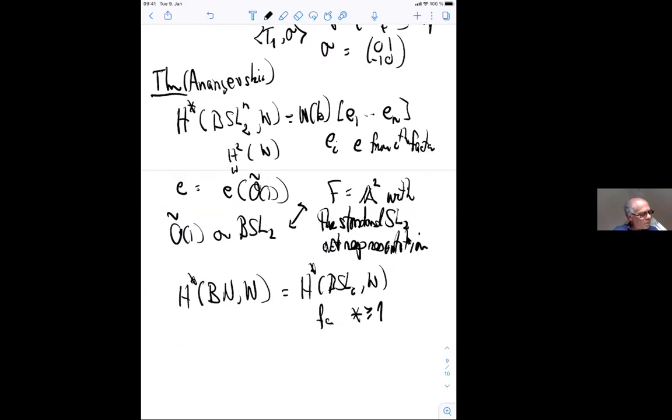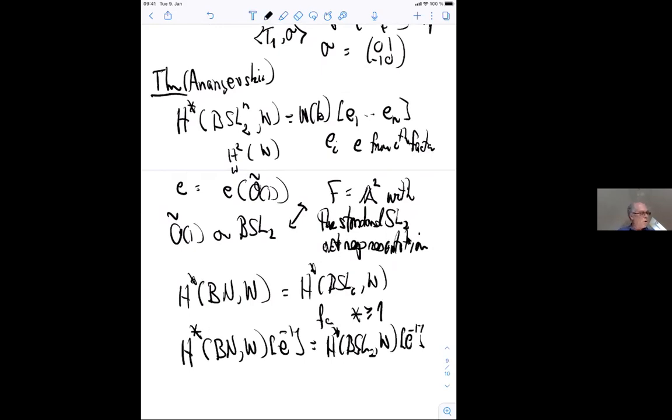But just for ease of statements in the localization, we're going to invert this anyways. This is the same thing as the cohomology of BSL2 with E inverted, and the same thing works for the nth power.